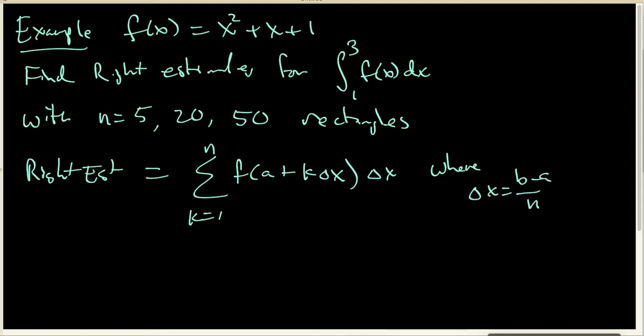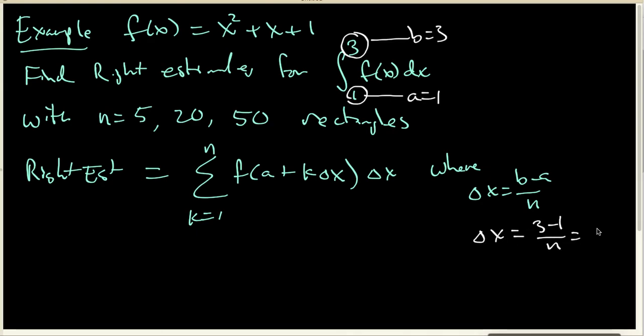But now what I want to notice is that I actually have values for a and b. The lower endpoint is always going to be a. The upper endpoint is always going to be b. So delta x here is going to be 3 minus 1 over n. That'll be 2 over n.